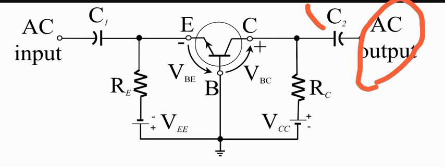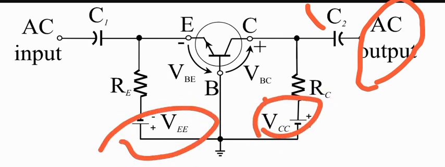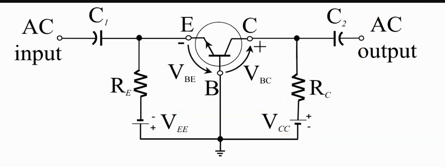We see how this transistor is biased in an active region. When we say it is biased in an active region, we see that the base emitter junction is forward bias and the base collector junction is reverse bias, and these two voltage sources are used to make the DC biasing of this circuit.